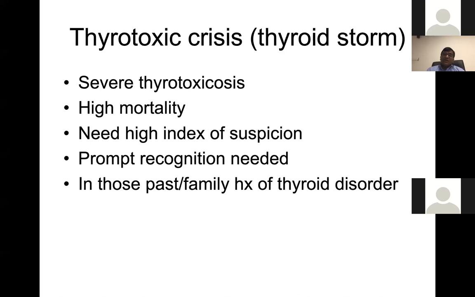So we need to have a high index of suspicion to recognize it promptly. Particularly if somebody has clinical features suggestive of thyroid overactivity or thyrotoxicosis in the preceding days to weeks to months, and has a past history or family history of thyroid overactivity or thyroid disorder, there should also be a high likelihood if they present with suggestive symptoms.